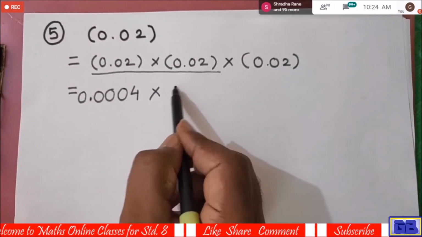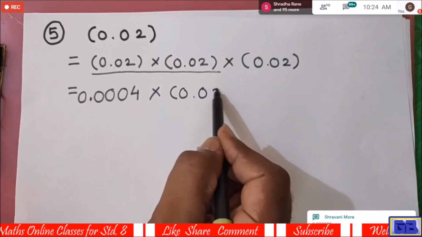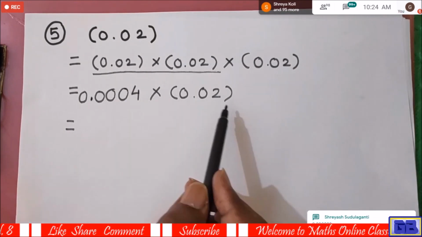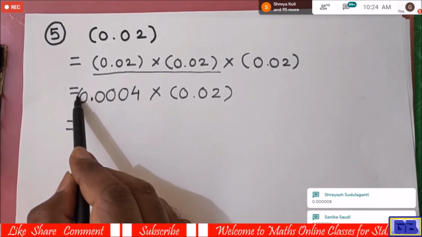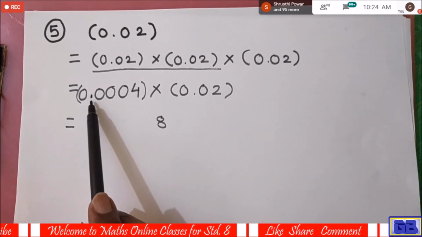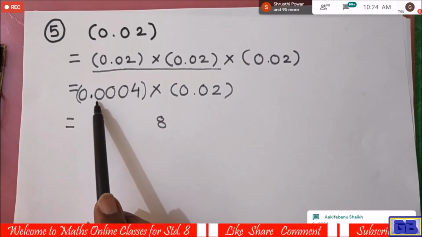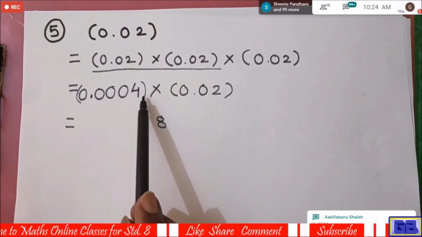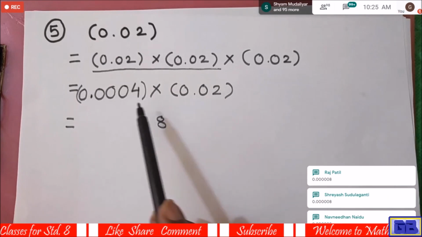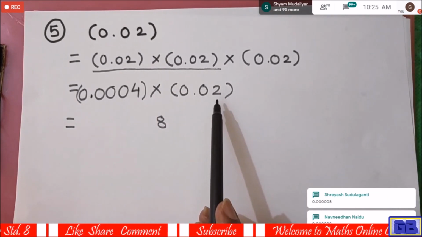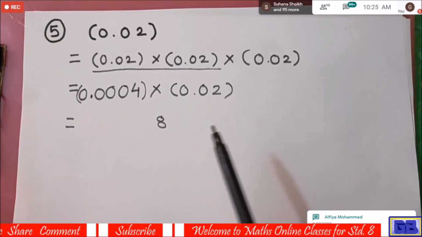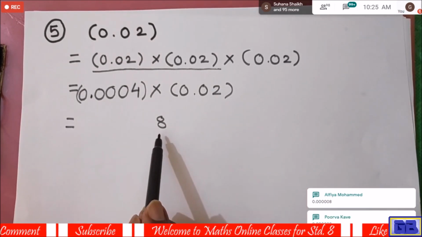We'll take this third number, 0.02. Again, concentrate on these digits. I will put it into the bracket. Here 4, here 2, 4 2s are 8. After the decimal point, how many digits are there here? 1, 2, 3, 4. Here how many digits? 1, 2. 4 digits plus 2 digits, altogether we need 6 digits. But we have one digit.